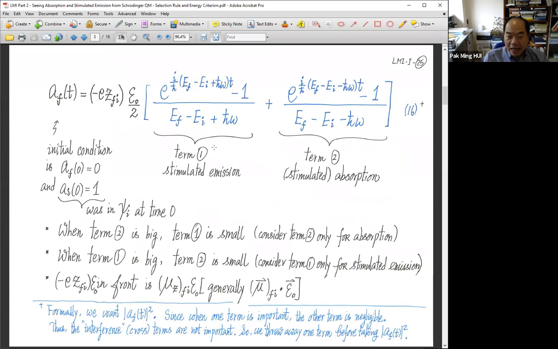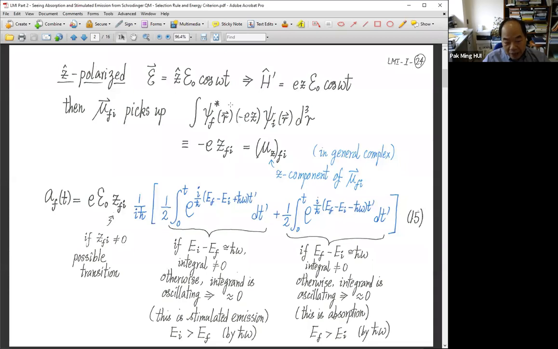Here, I carried out the integration in one step. I encourage you to try that, but it is easy to see. For the exponential, you just change the variable, therefore you can do the integral of e^x dx.